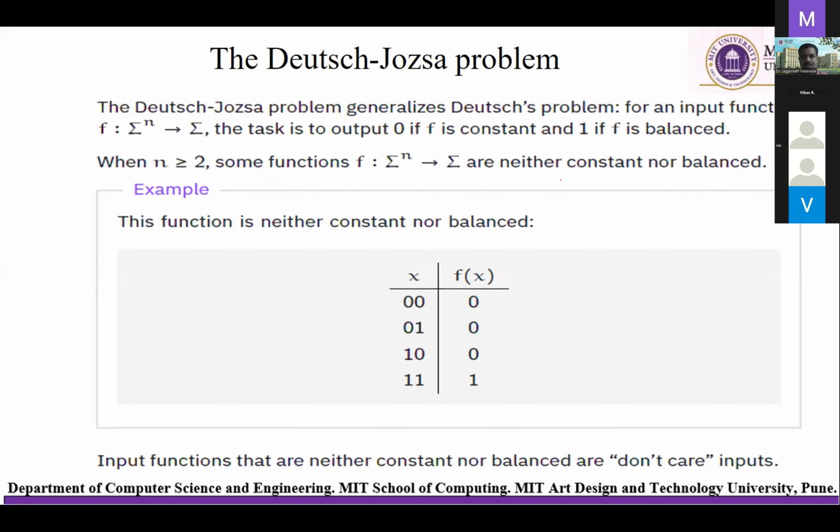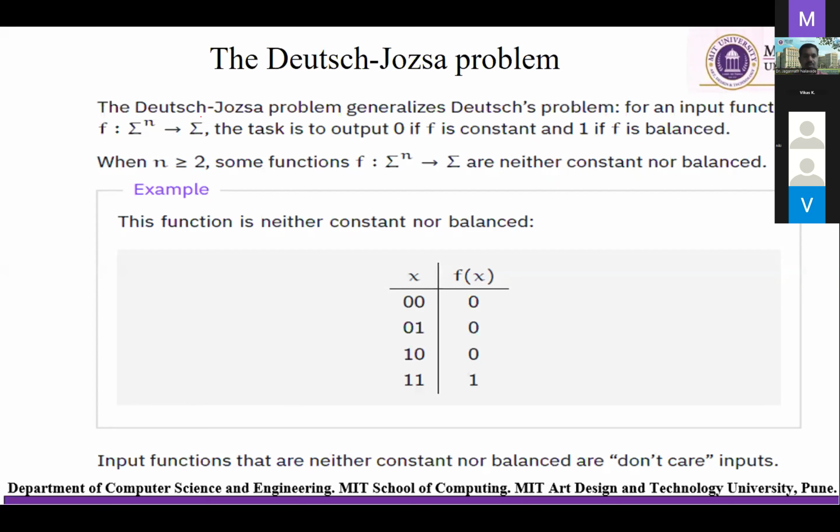So as we have discussed, this particular problem is nothing but the Deutsch-Jozsa problem. So the Deutsch algorithm is extended, and this problem is considered like one out of four, simply called a 1 out of 4 problem, and it is also called a Deutsch-Jozsa problem. The Deutsch-Jozsa problem generalizes the Deutsch problem for an input function f, with n number of inputs.